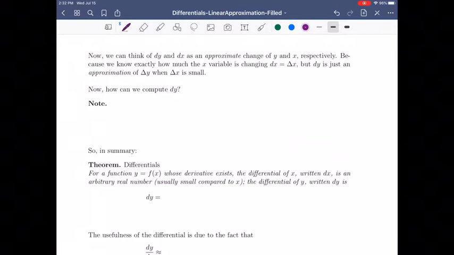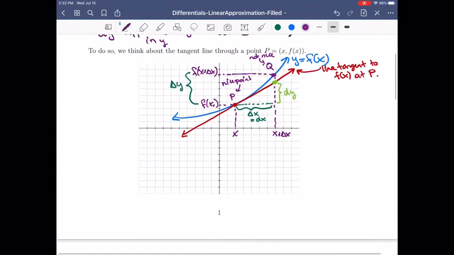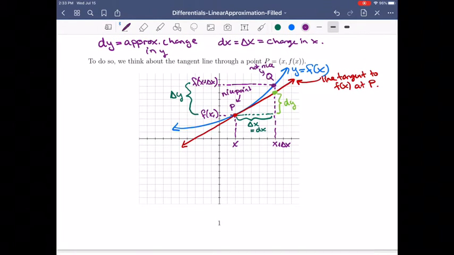So how do we compute dy? That's what I was trying to talk about there. So dy, if we look at it, think about this tangent line. If I was to go between this point and this point, what I've done is I've gone up dy amount and over dx amount, or delta x.